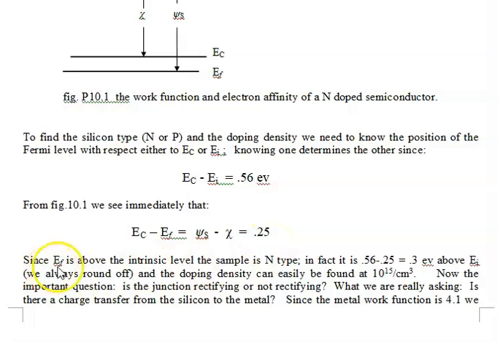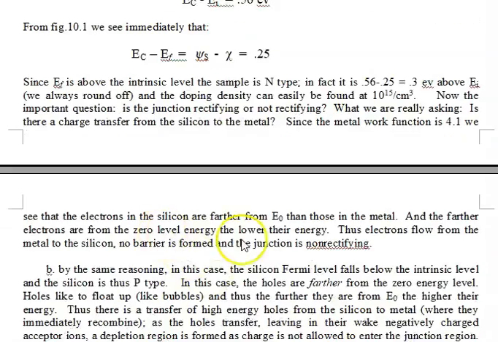So since E_F is above intrinsic, this is in fact N-type, and it is N-type by 0.3 electron volts above E_I, so the doping density is 10 to the 15th. So is it rectifying or non-rectifying? We kind of answered that before, and it is not rectifying. It is the non-rectifying type.